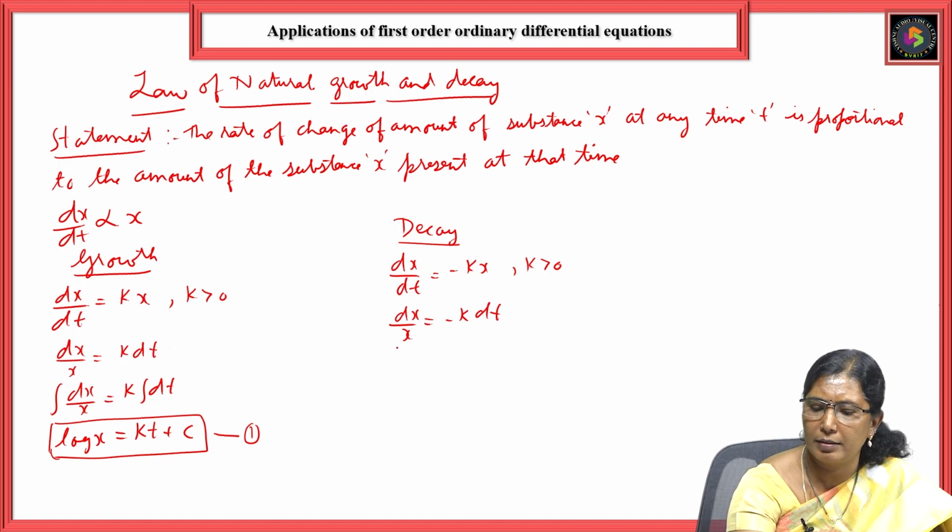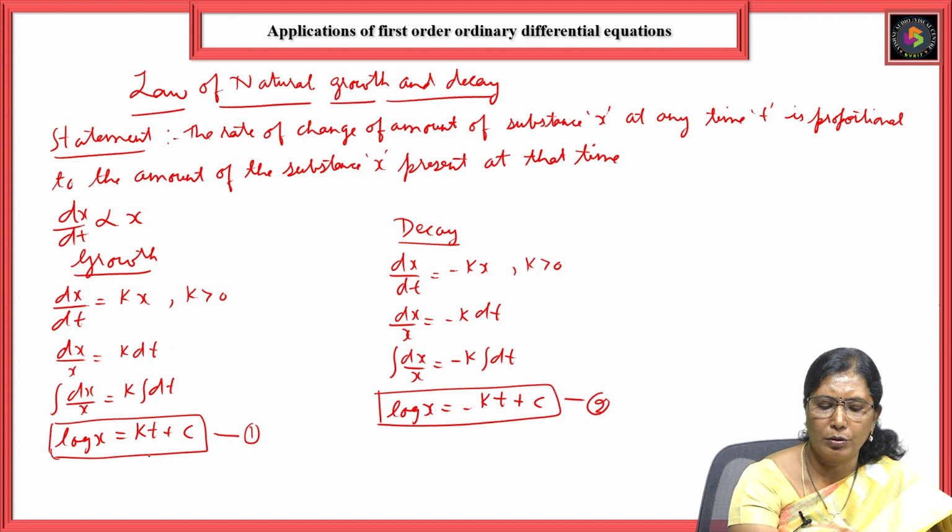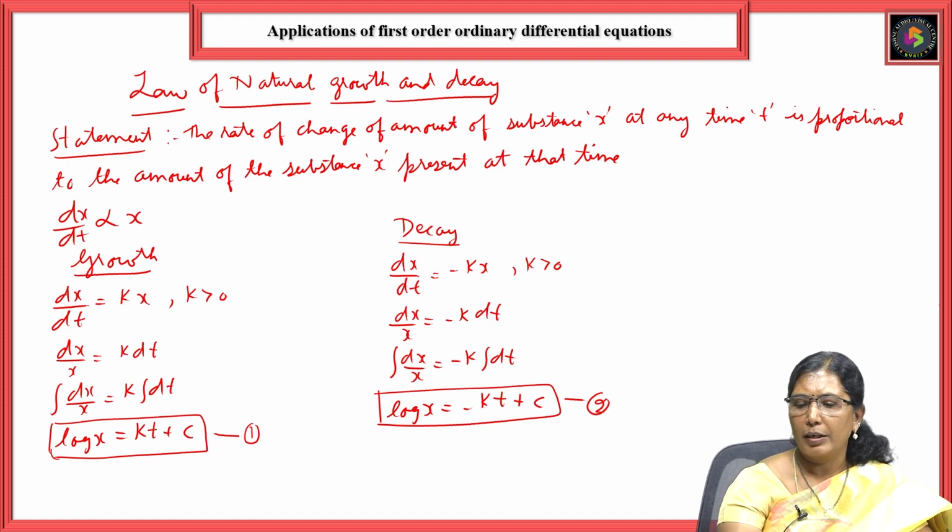Integrating on both sides, the integration of dx by x is log x is equal to minus kt plus c. So this is the formula for decay. This is the formula for growth, and this is the formula for decay. In each and every problem we have to prove all this and then solve the problem.